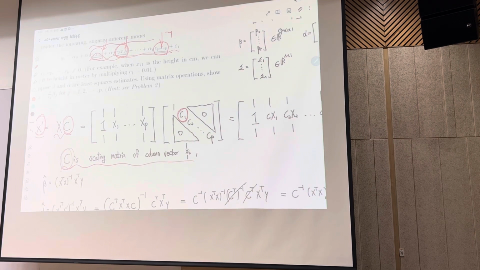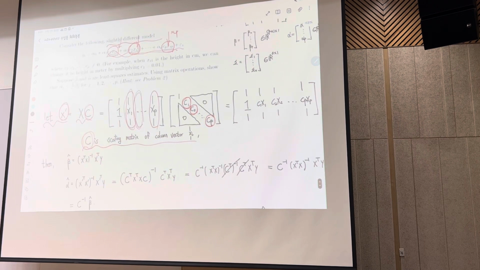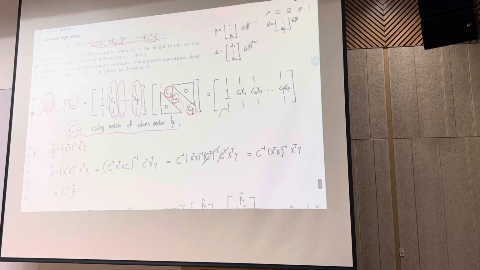C1 will scale the x1 column vector, C2 will scale the x2 column vector, and Cp will scale the xp column vector. Then x prime will be this matrix.